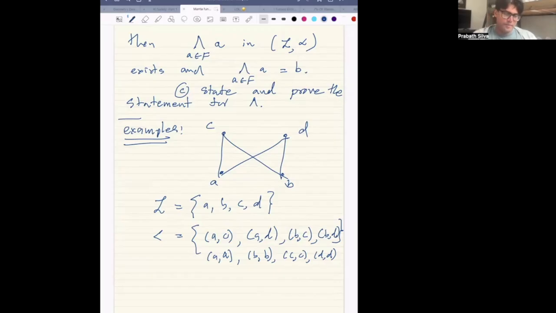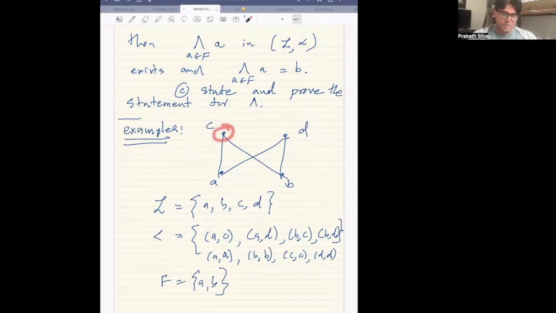Now, in here, if you look at the set F to be A and B, you don't have the join of this set F, because join is the supremum.